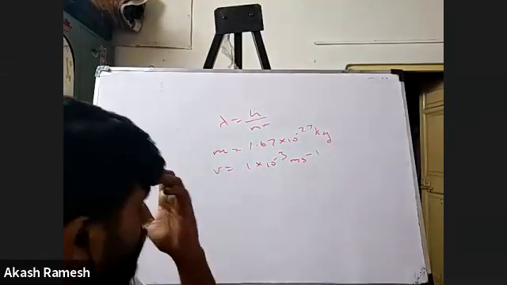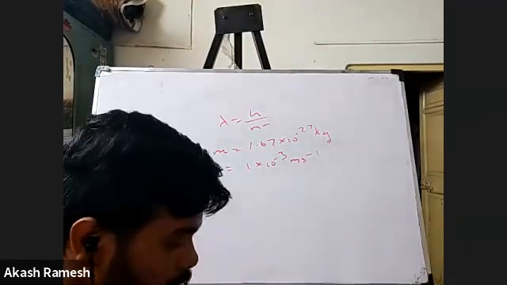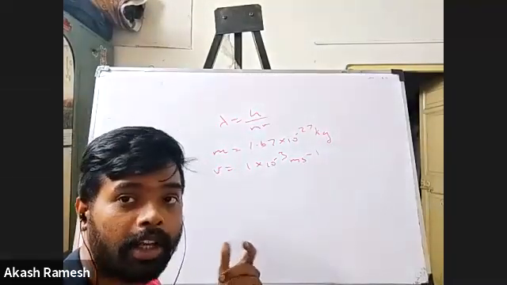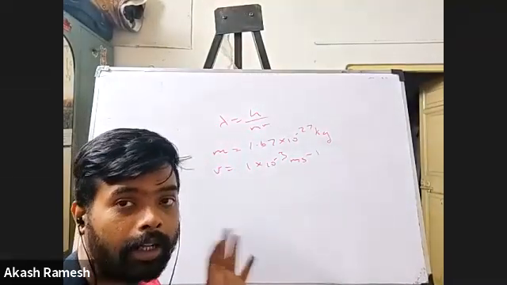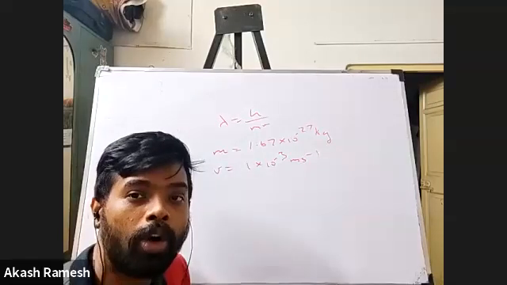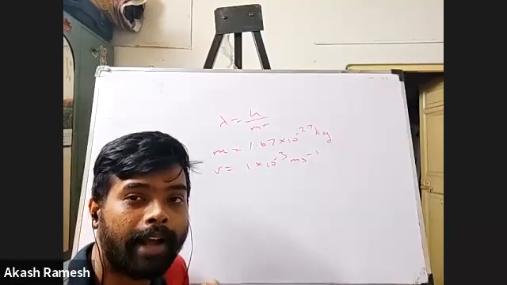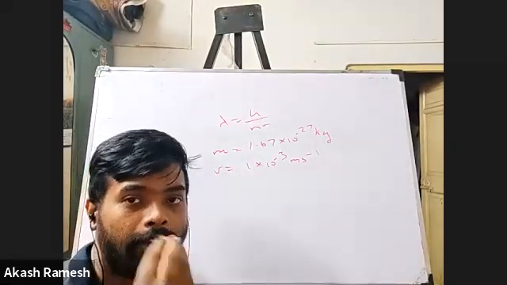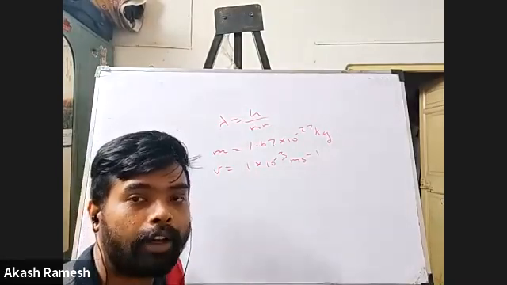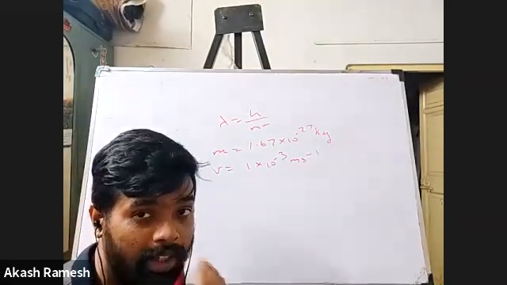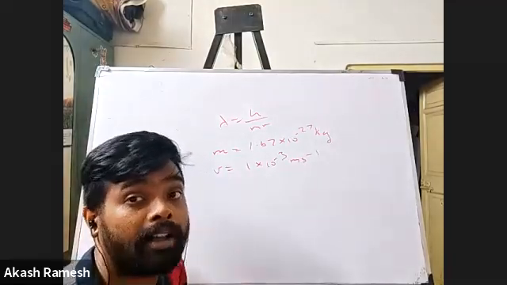That's the formula: lambda is equal to h by mv. If you understand the beauty of this equation, generally only waves or rays have a wavelength or frequency. Here you are connecting that aspect of a wave to a particle. A proton is a particle, which has mass, but particles do not have wavelength or frequency; we talk only about their mass.